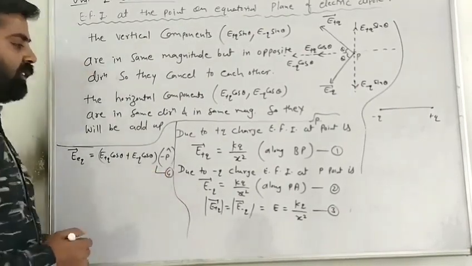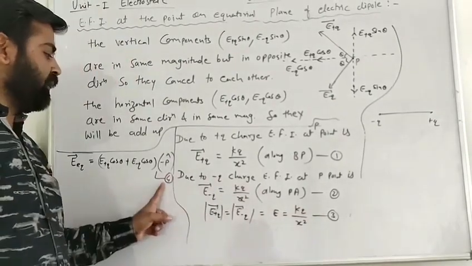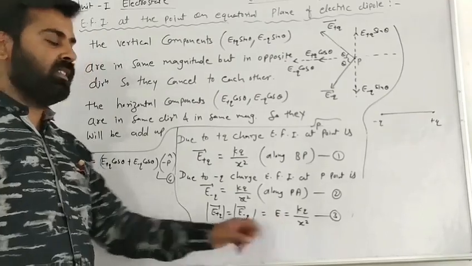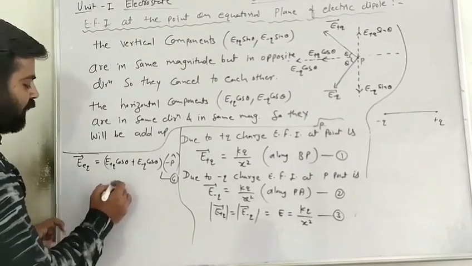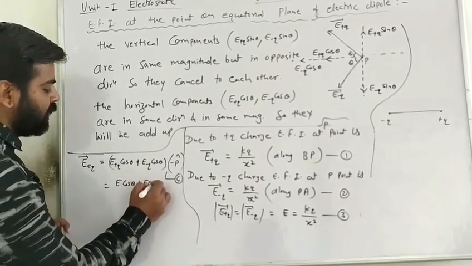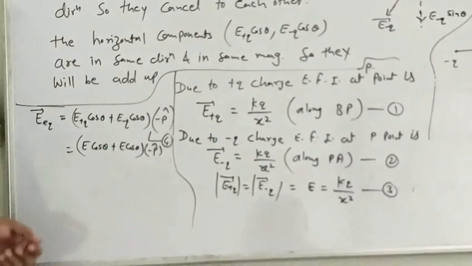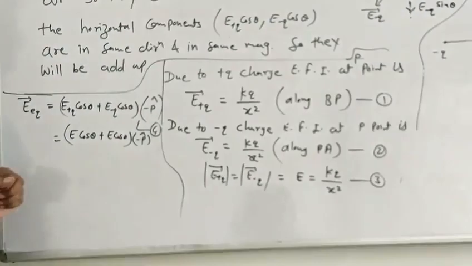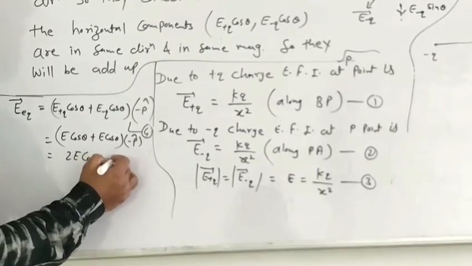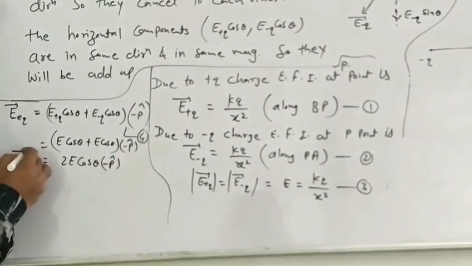So from equations 3 and 4, E plus q and E minus q can be written as E. So this can be written as E cos theta plus E cos theta, and the direction is minus p cap. E cos theta plus E cos theta is 2E cos theta and minus p cap, E equatorial vector.